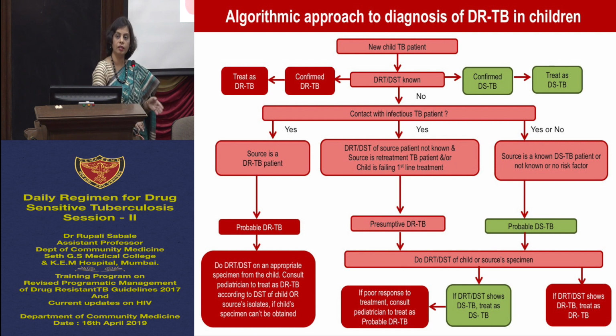If the source is drug sensitive tuberculosis or there is no known risk factor, we term it probable drug sensitive tuberculosis. In all these cases, we do a drug sensitivity test, and based on that test, we can categorize the patient as drug sensitive or drug resistant.